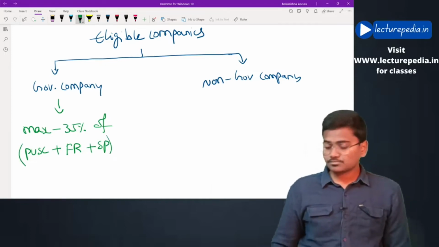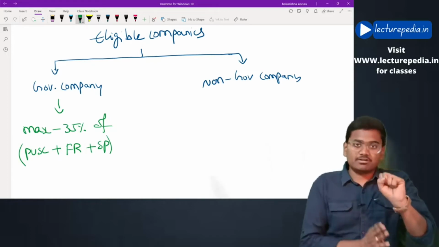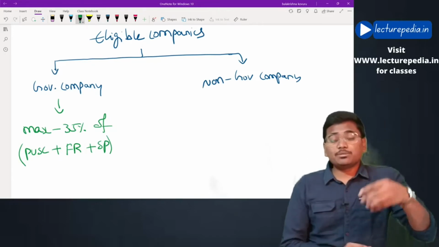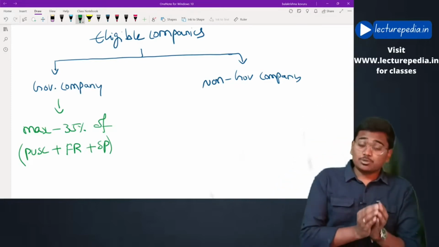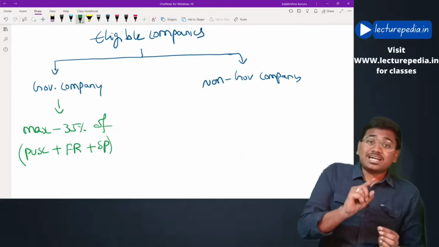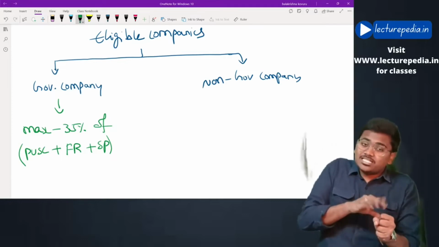Okay, in case of eligible company and that eligible company is a government company, then maximum amount of deposits that can be raised by this eligible government company is 35% of its share capital, free reserves and securities premium.